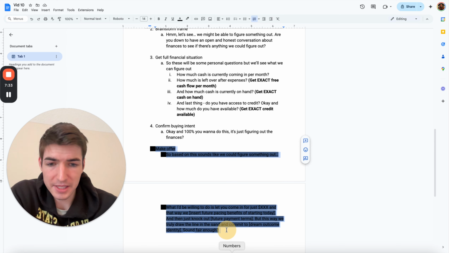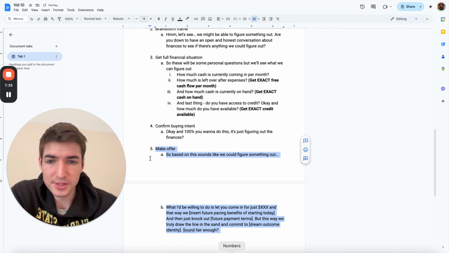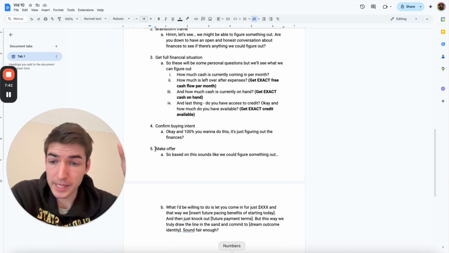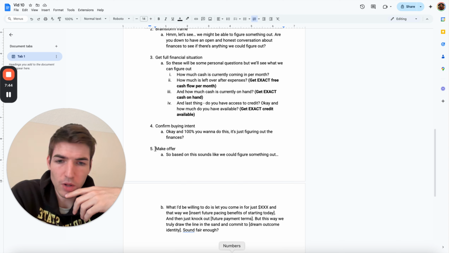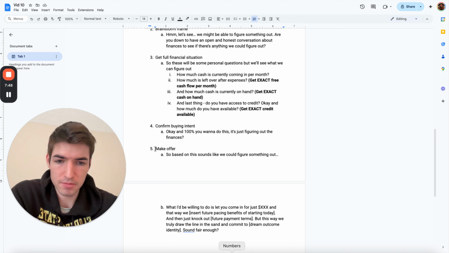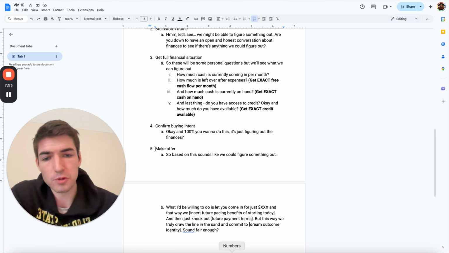And the last thing is we make the offer. You want to do something like this: okay, based on everything here, it sounds like we could figure something out. What I would be willing to do for you is let you come in for just half down, for example. That way we can, and then you insert future pacing benefits here.